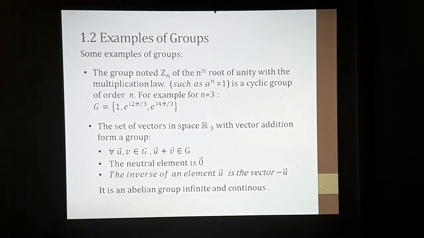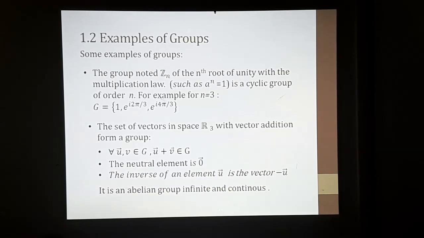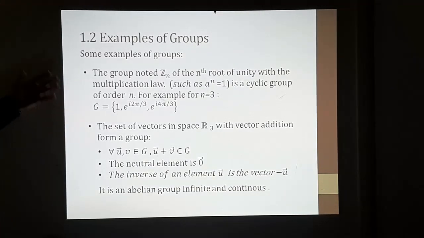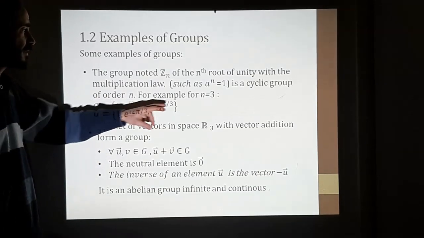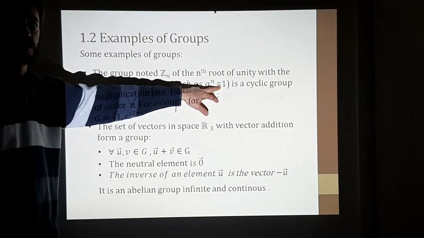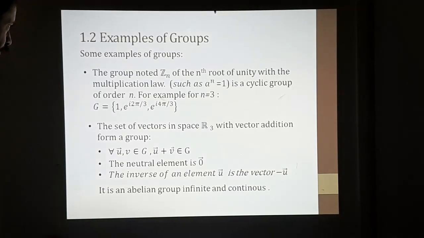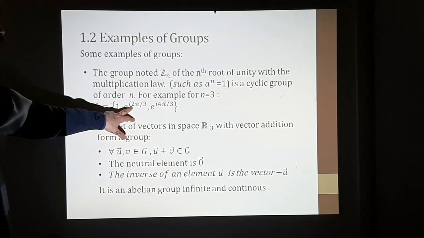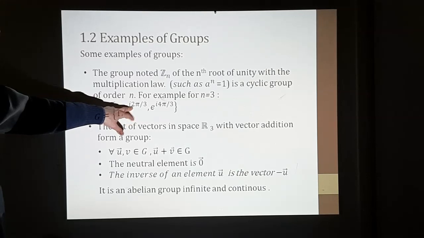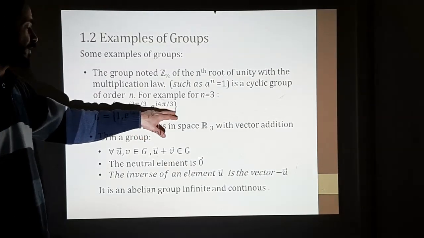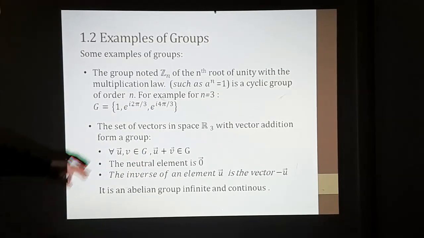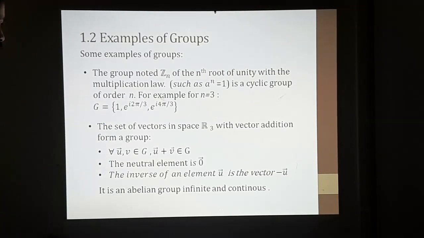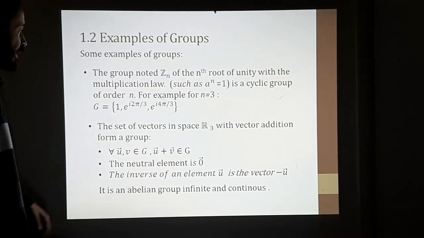Now I will give some examples of groups. Okay, so the set of elements A such that A to the n equals 1 forms a group that we denote by Zn, and this is a cyclic group. For example, for n equals 3: 1, e to the i2 pi over 3, e to the i4 pi over 3, where i is the complex number, is a group.